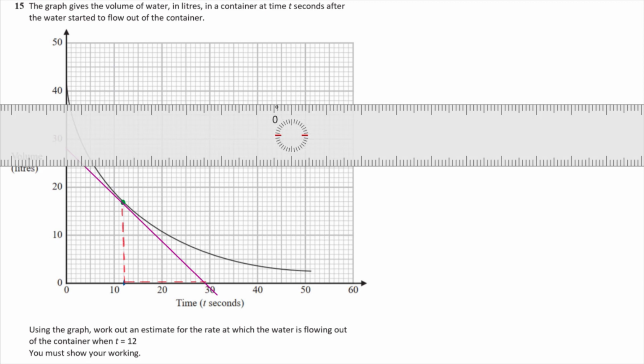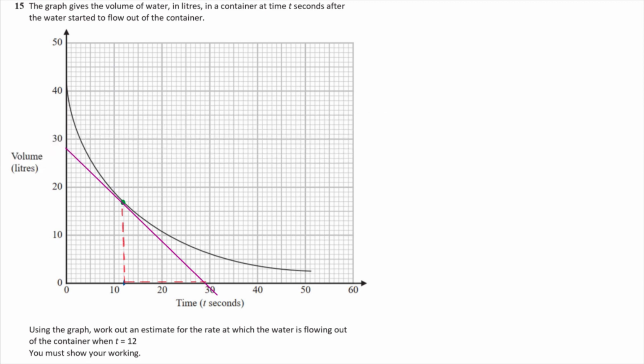We can use the scale on the graph to help us. So change in y, what's the height of that point? It's 7 units up from 10. Each one of those is about 1 unit. So I think the height of that line is 17.